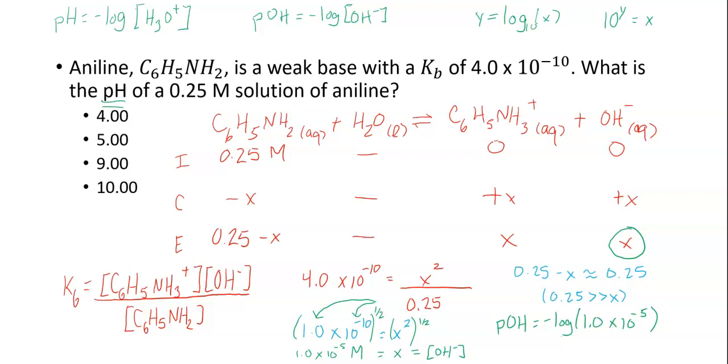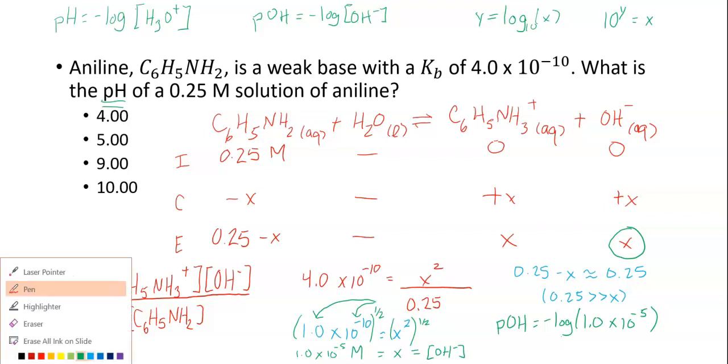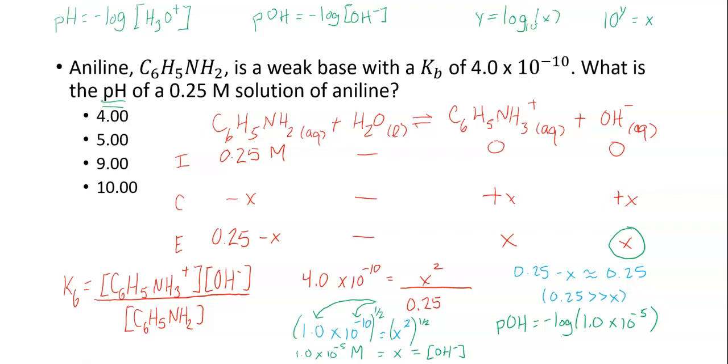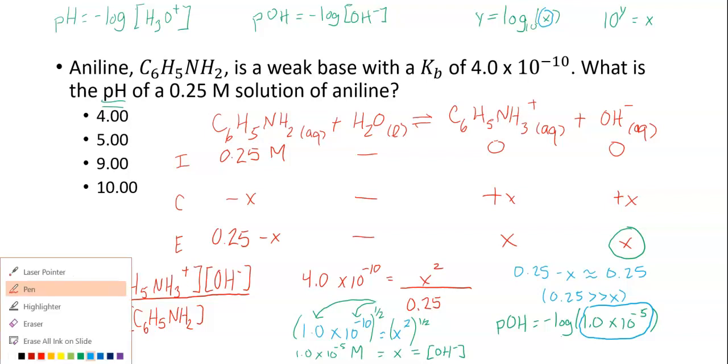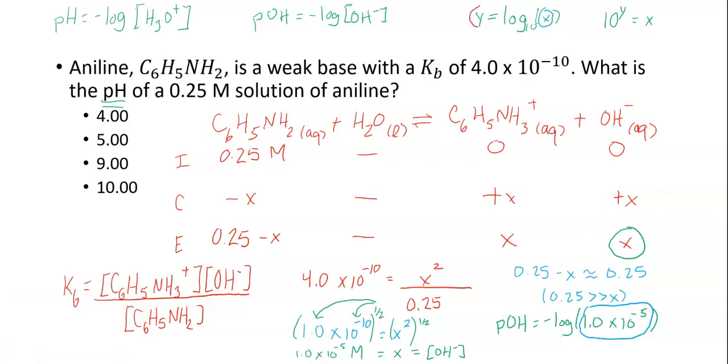So in this case, our x is 1.0 times 10 to the negative fifth, just by analogy. And our y is the pOH.